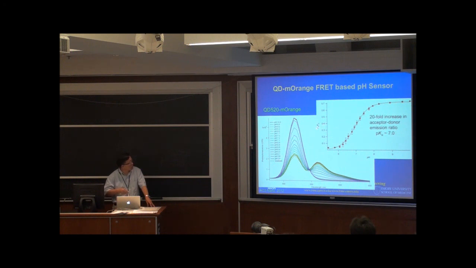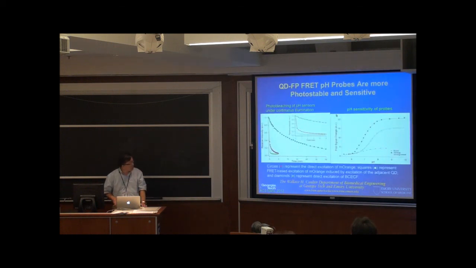If we plot the acceptor emission, which is mOrange, versus the donor emission, which is the emission from quantum dots, we have this very nice curve. The good thing is that the pKa is roughly 7, and from pH 6 to pH 8, we have a 20-fold increase of this ratio. That means it's quite sensitive in this case.